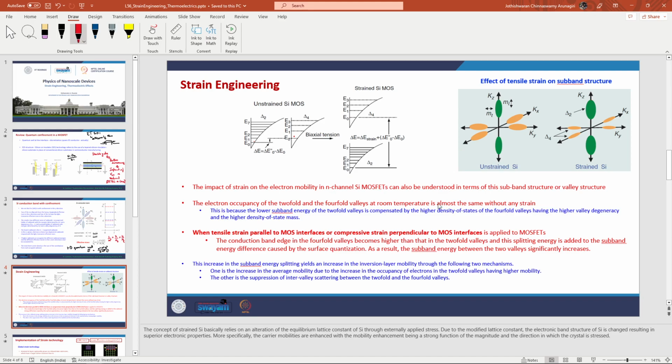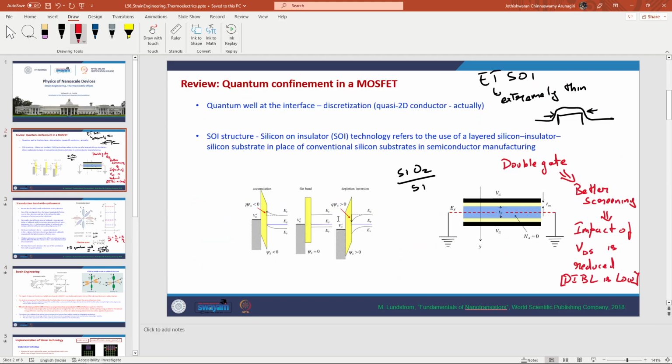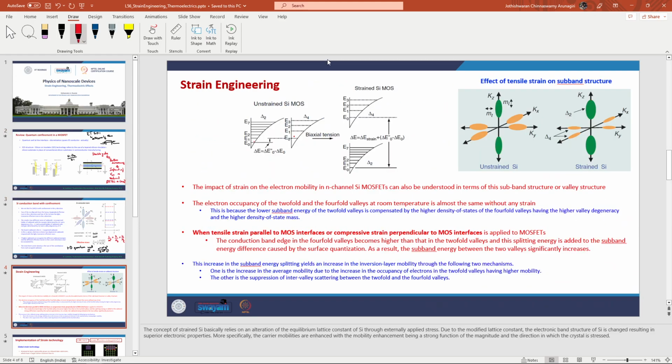So essentially what happens here is, because of the strain, now we are moving on to the same situation. Oh, sorry, that diagram is over here itself. So now we have the same situation here. Now we are considering a case where there is a tensile strain. Essentially the material is being stretched perpendicular to the direction of conduction.